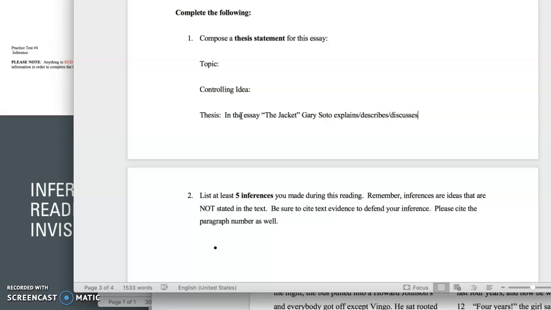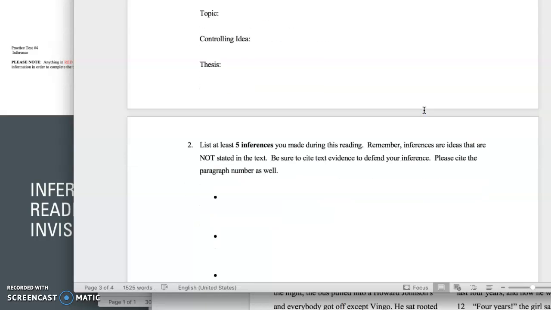Figure out a verb there of what Gary Soto does, and then you should start your thesis there. So in the essay The Jacket by Gary Soto, Gary Soto explains, describes, discusses, whatever. Okay? So make sure you're doing that. And I need to erase that because I don't want that on the worksheet.